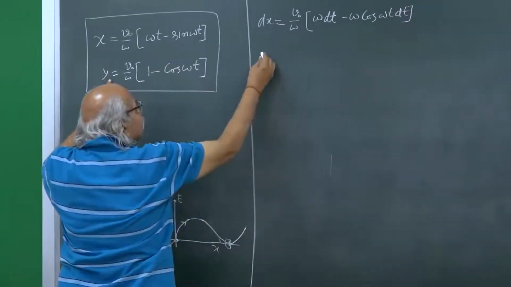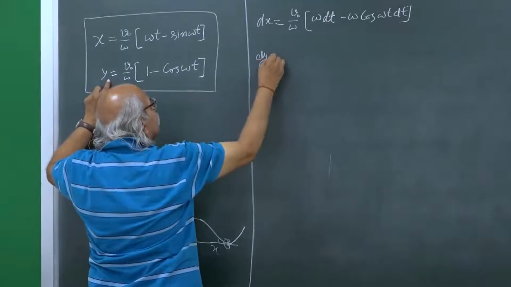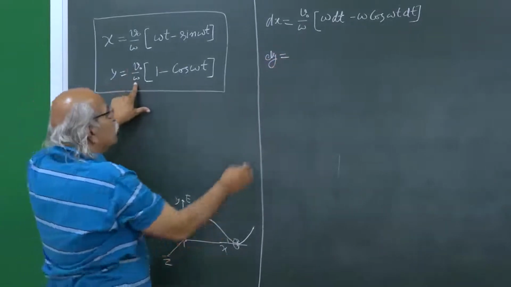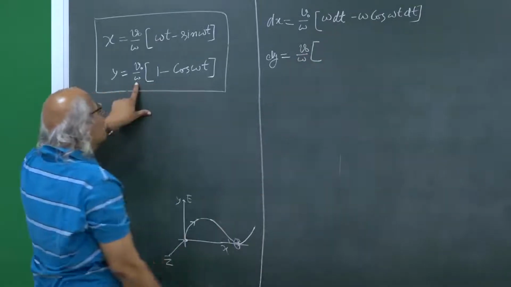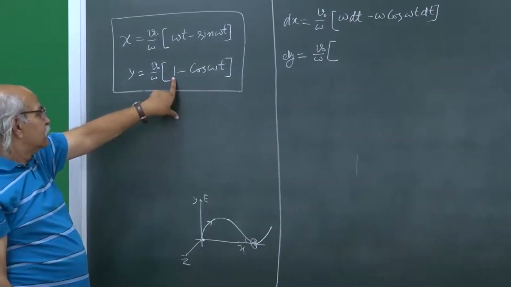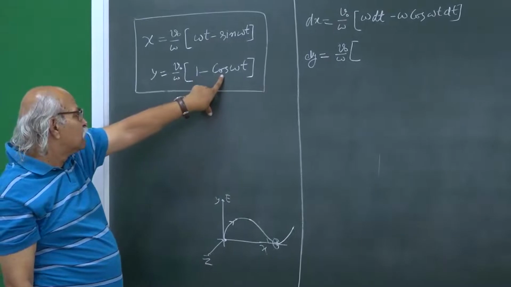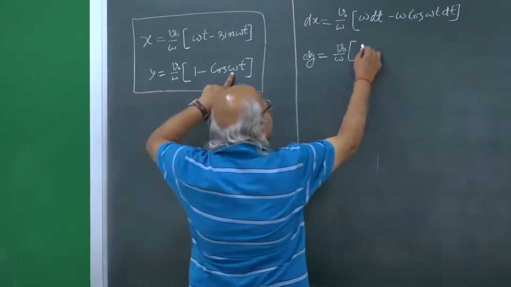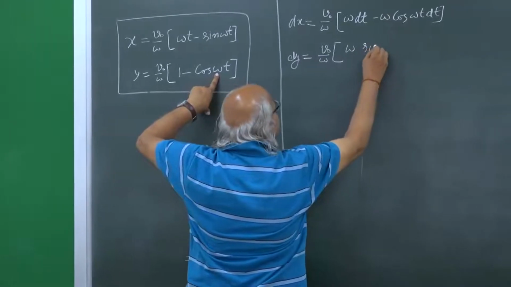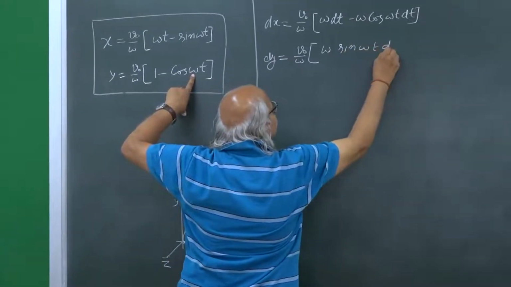And similarly dy is equal to V naught by omega, and then 1 you differentiate, it is 0, minus of cos you differentiate, it will be sine. So, omega here and sine omega t and dt.